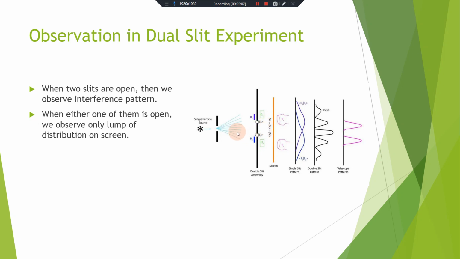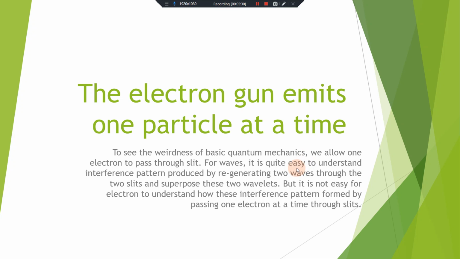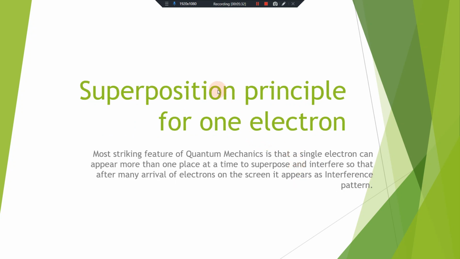But when one electron goes through only one slit, how can they interfere? And how, after many successive runs of the electron gun, does this reconstruct the interference pattern? This is extremely strange.